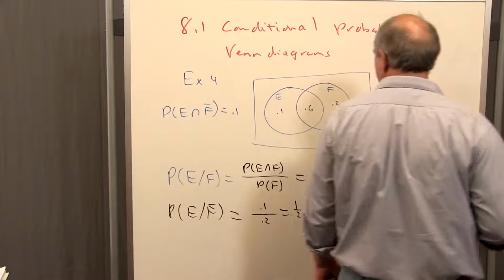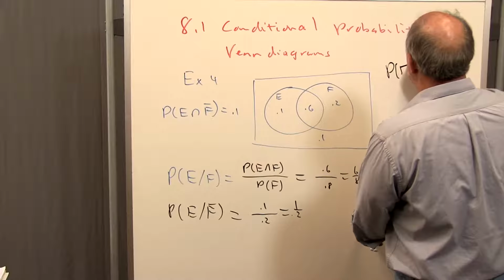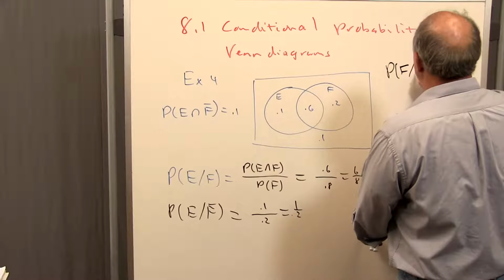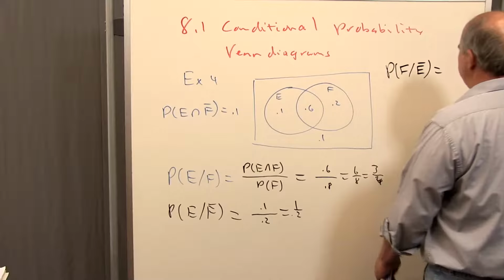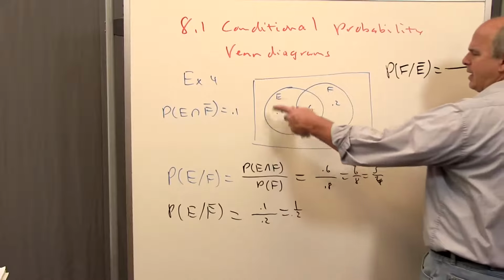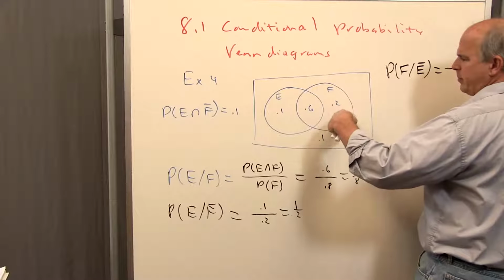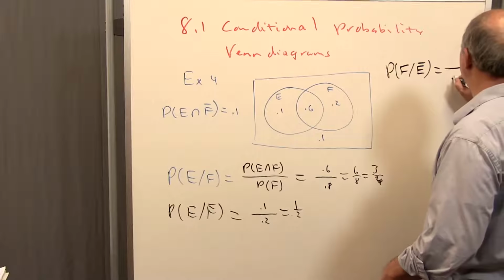Or let's crank out a few more. What's the probability of F given E bar? Probability of F given E bar. So how many outside that E circle? Well, this is outside the E circle, and so is this, 0.3.